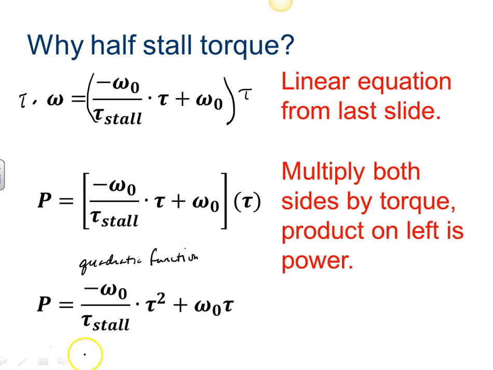And if we had, for instance, negative omega naught over tau stall times tau squared plus omega naught tau minus power, I subtract this power over to this side, that's all going to be equal to 0.